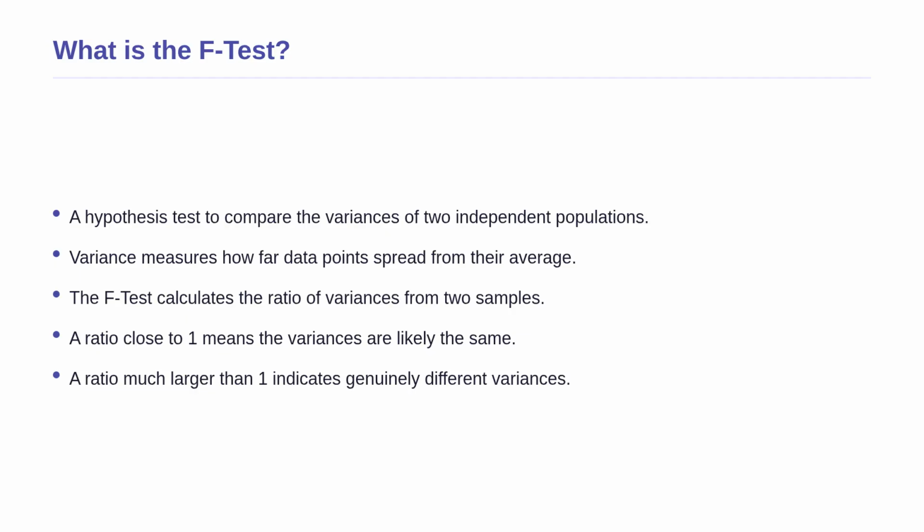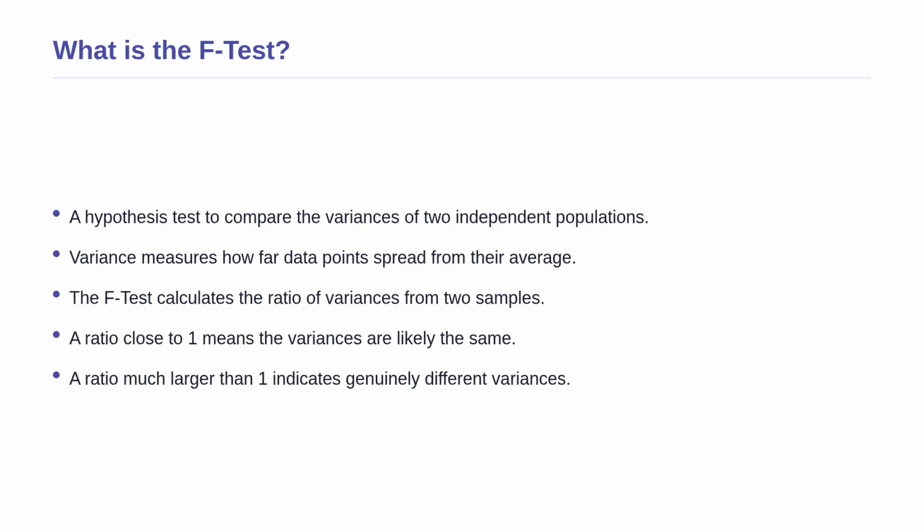Now that we see why spread matters, let us look at how we measure it mathematically. This brings us to the F-test. In biostatistics, the F-test is a specific hypothesis test used to determine whether two independent populations have the same variance. Remember, variance is just a statistical measure of how far individual data points are spread out from their average.